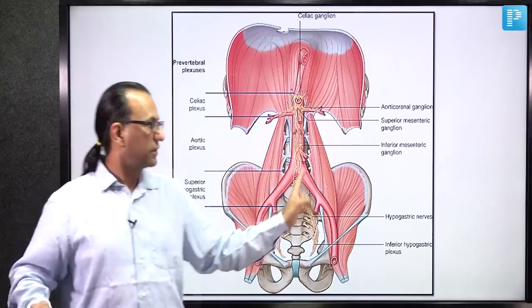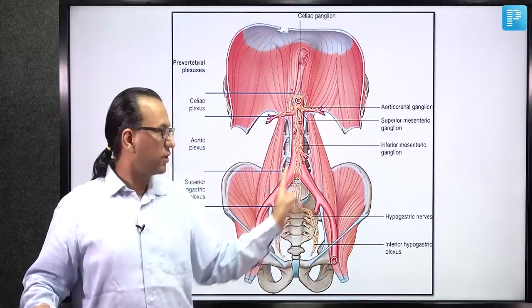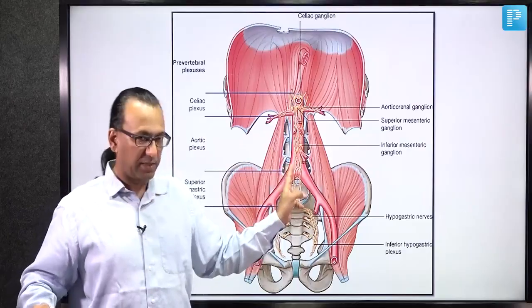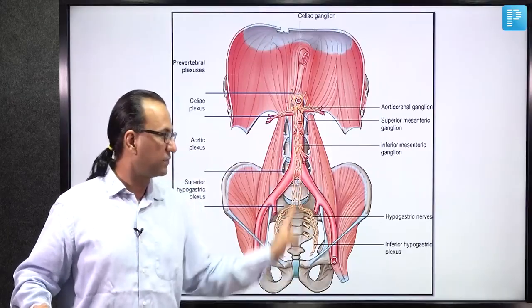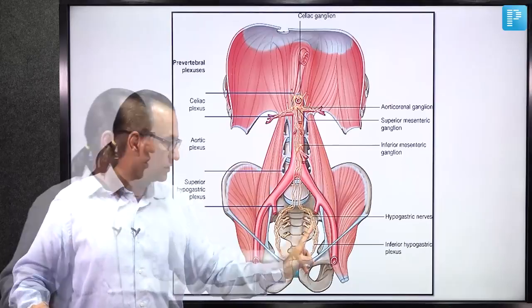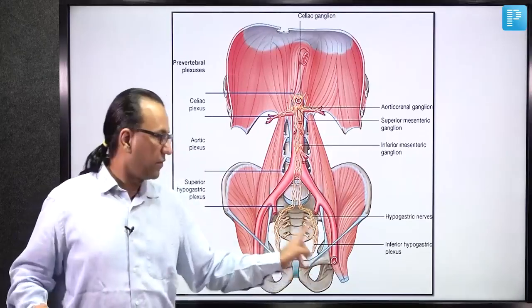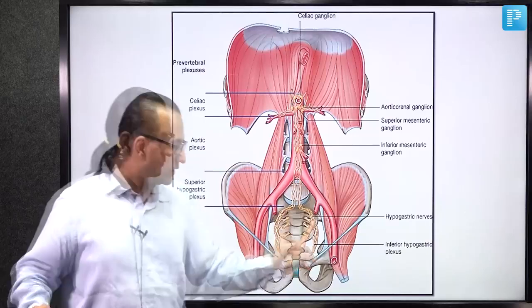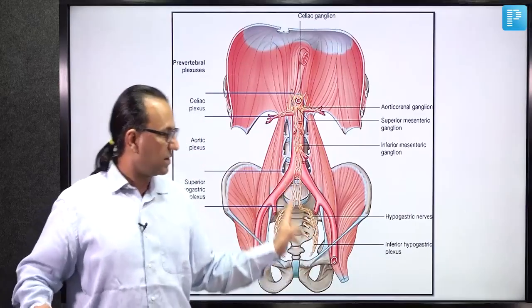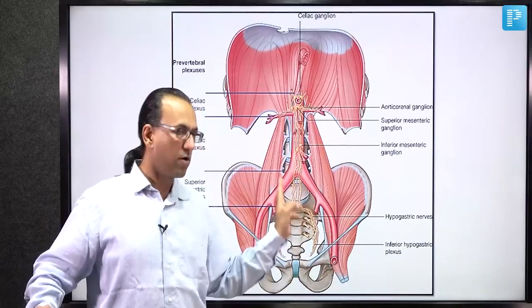You'll also see there is a superior hypogastric plexus at the bifurcation of the abdominal aorta into the common iliac arteries. It is chiefly sympathetic in nature, but partly parasympathetic, as some of the nervi irrigantes fibers are ascending here. When it comes to the inferior hypogastric plexus, which is on the side of the pelvic viscera, it is chiefly parasympathetic, contributed by nervi irrigantes in the pelvis, though it receives some sympathetic fibers also via the superior hypogastric nerves, coming from the superior hypogastric plexus at the sacral promontory there.